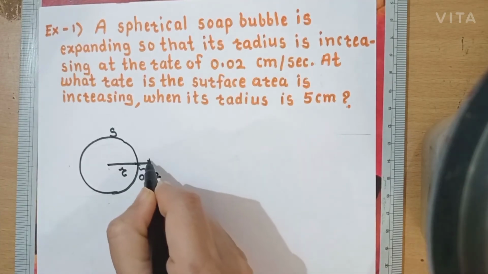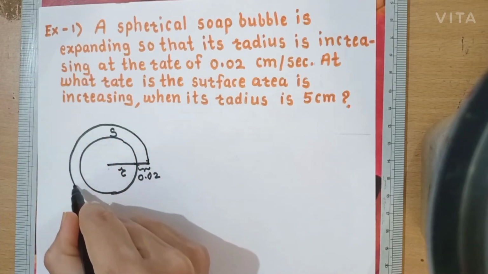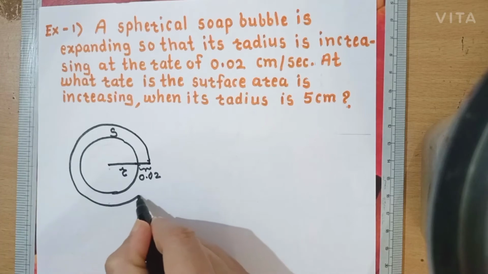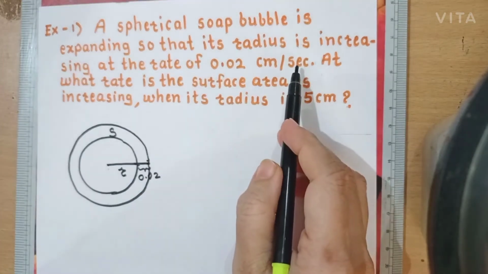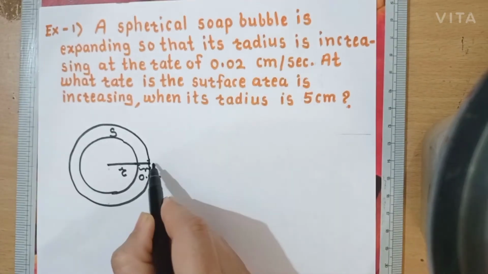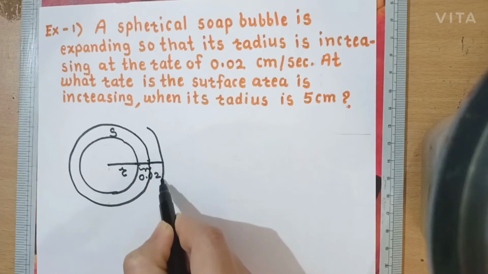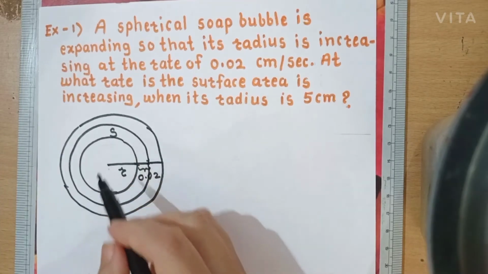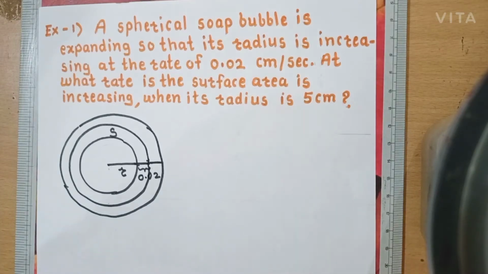So the surface area will be like this. Again after 1 second, that means after again 1 second, again radius will increase, and radius and surface area are increasing with respect to time.